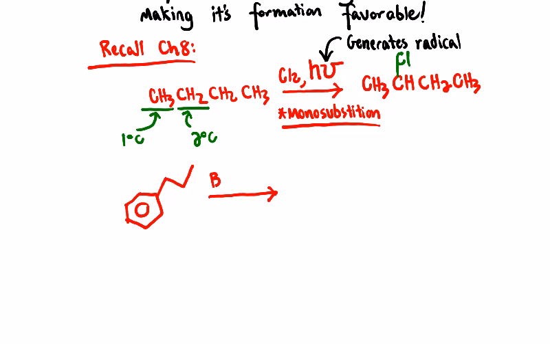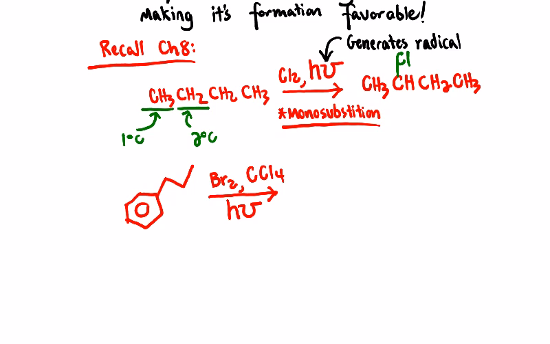We're going to react that with Br2. A common solvent for this is carbon tetrachloride, CCl4, so I'm going to throw that in here mostly to distract you, but be aware that CCl4 is a common solvent. It's not going to react with anything that's present here, and we're going to throw in our light and heat.